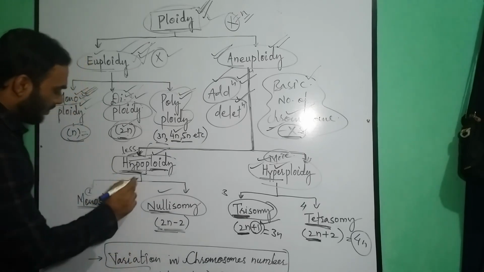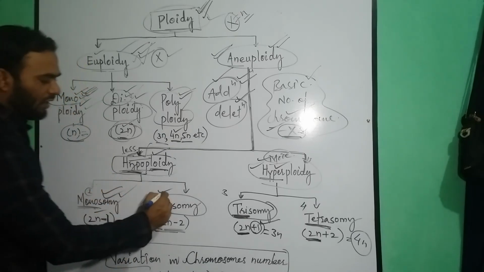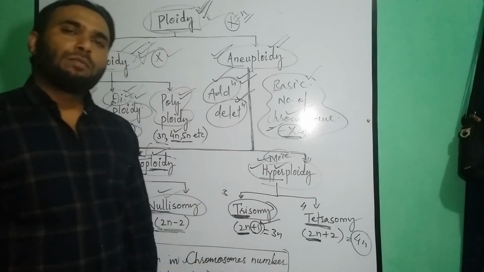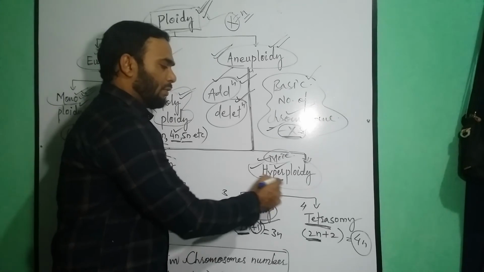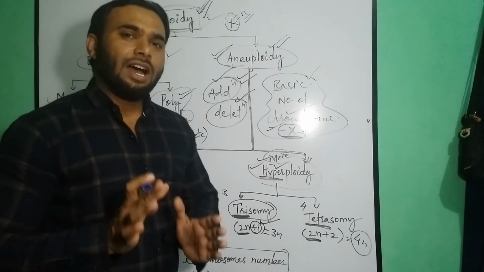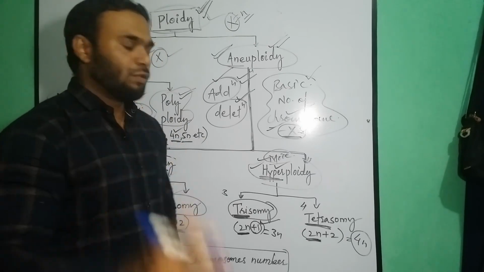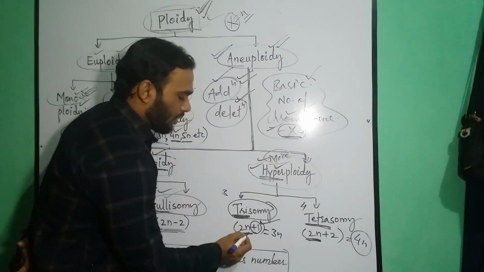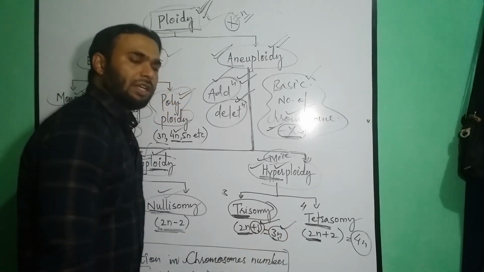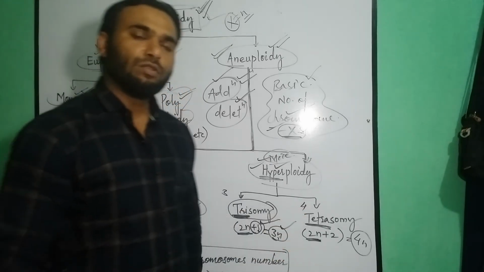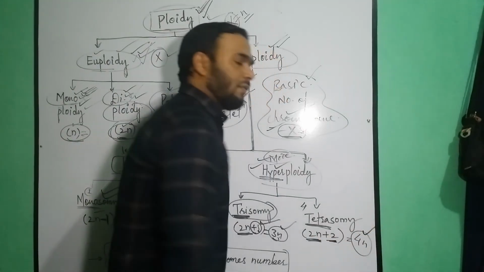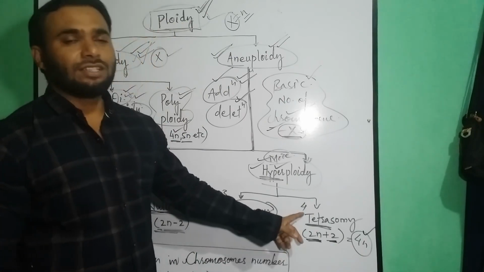If one is less, it is called monosomy. If two are less, it is called nullisomy. And in hyperploidy, hyper means more. One or two extra chromosomes will be in the normal number. If one is extra, instead of 2 it becomes 3, so it is called trisomy. And if 2 are extra, it is 2n plus 2, which becomes 4n, and this is called tetrasomy.